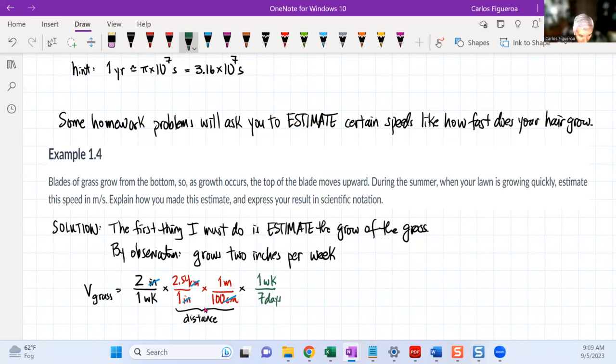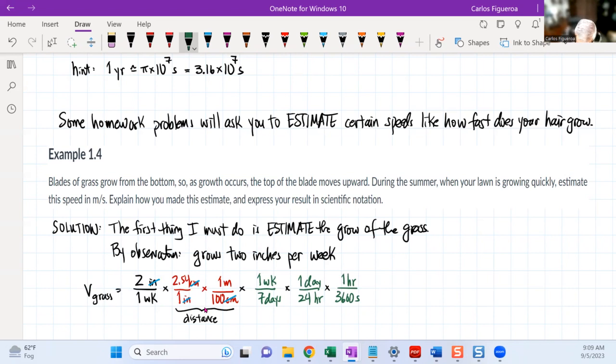And I know that 1 day is the same as 24 hours. And I know that 1 hour is the same as 3,600 seconds.